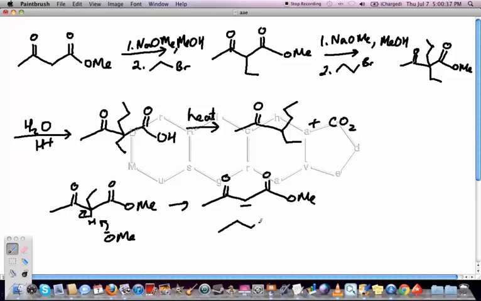And this anion can then attack this alkyl bromide. Notice that it always attacks the C to which the bromine is connected. Oops, let's put our ethyl group on here as well. And now you'll see we've got a di-substituted compound.